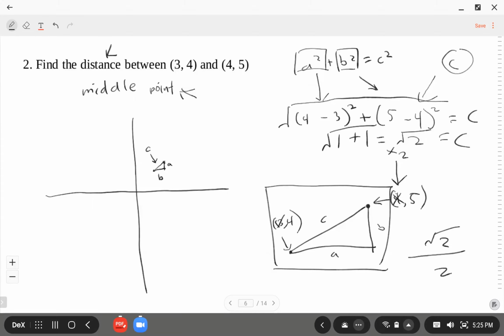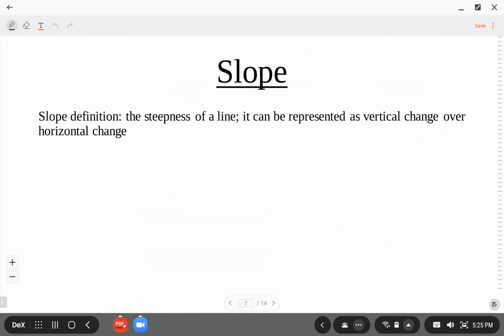So now let's move on to the slope and y-intercept, and then we'll get into slope-intercept form. Okay, so the definition of a slope is the steepness of a line, okay? And it can be represented as vertical change over horizontal change. Now this vertical over horizontal actually is y over x, okay?